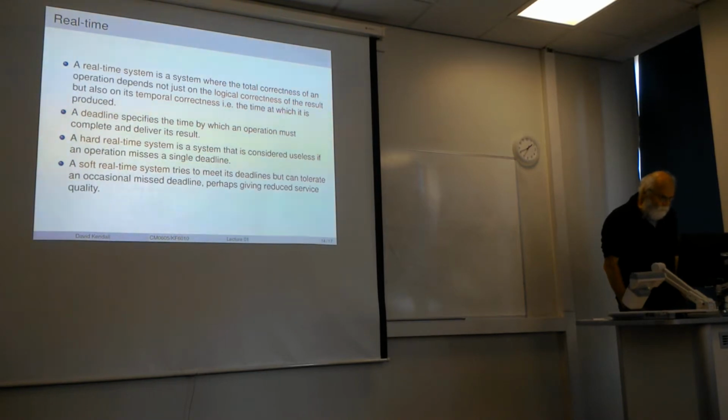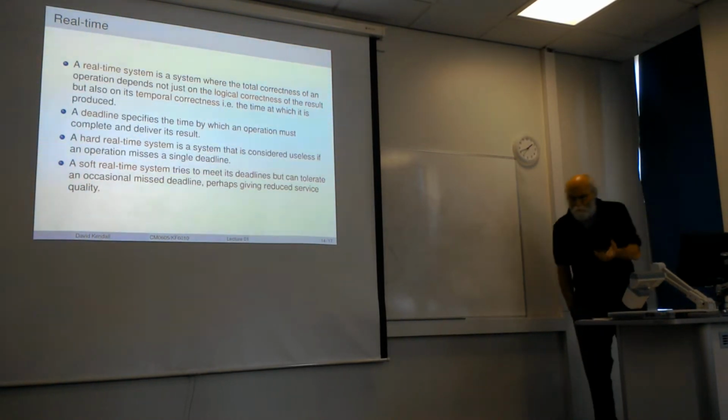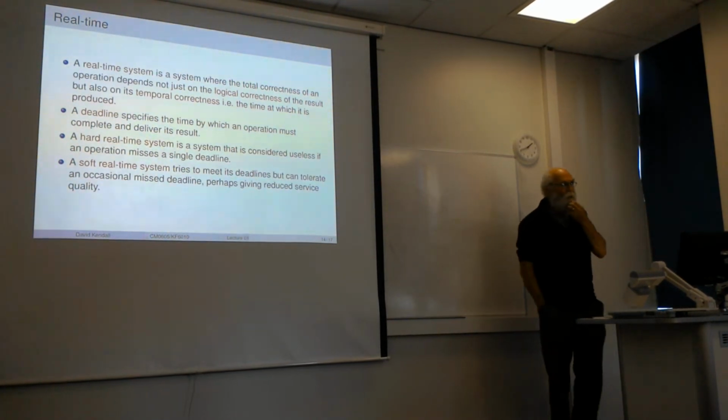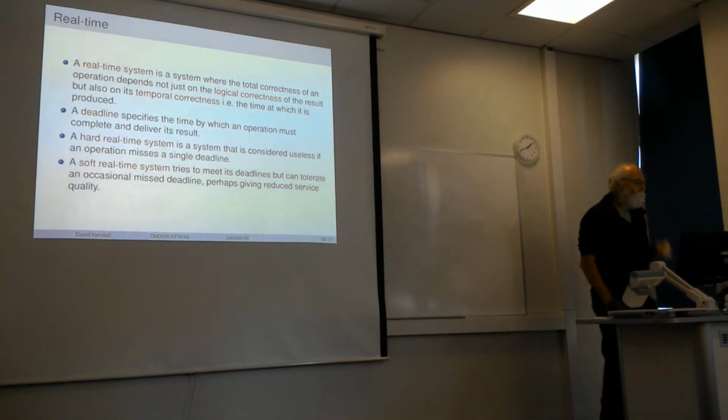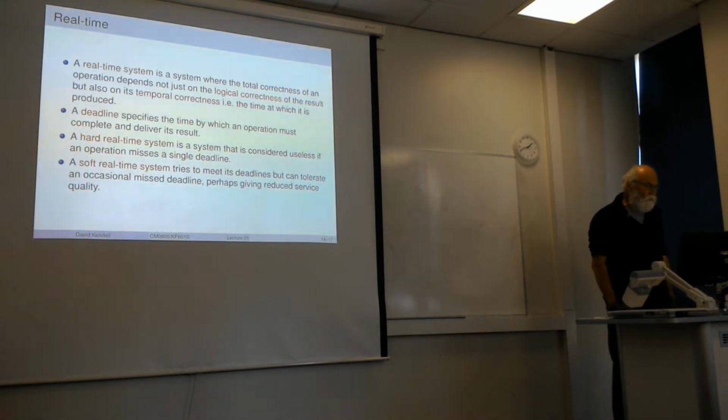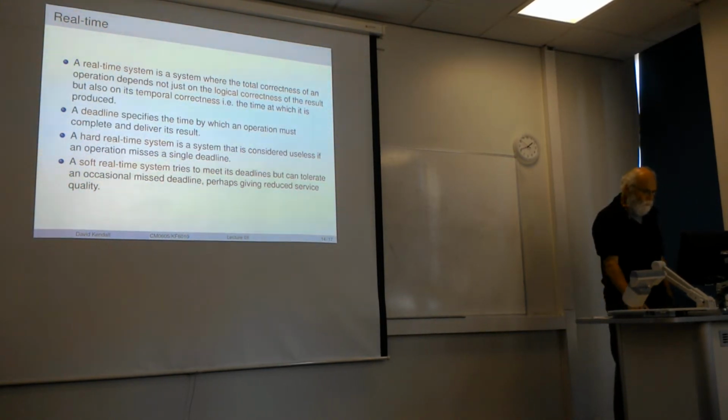A little bit about real time. I've said that the real time requirements come from the environment. The definition of real time, which has been used since the early 90s, is that a real time system is a system where the total correctness of an operation depends not just on the logical correctness of the result, but also on its temporal correctness.